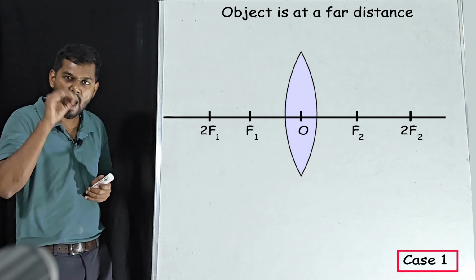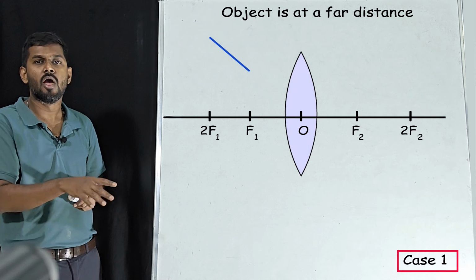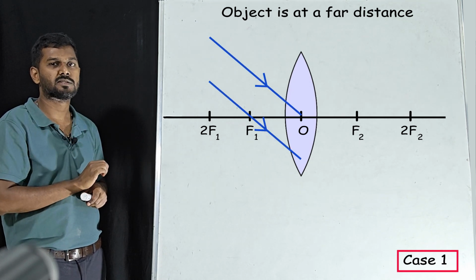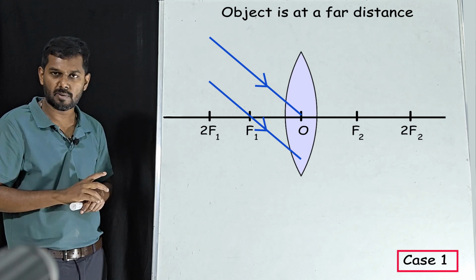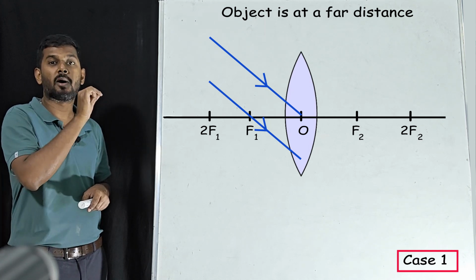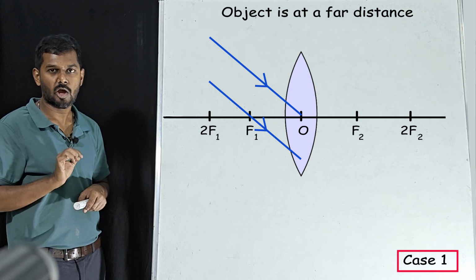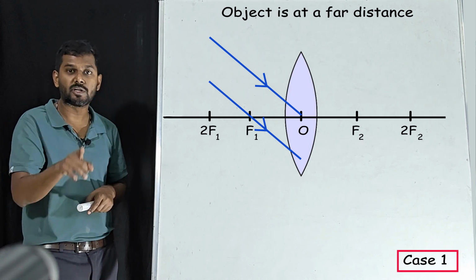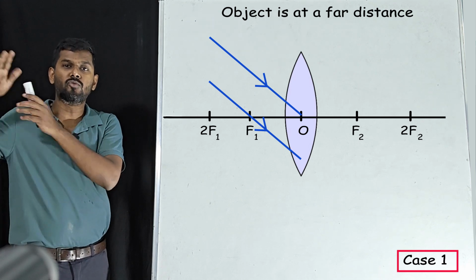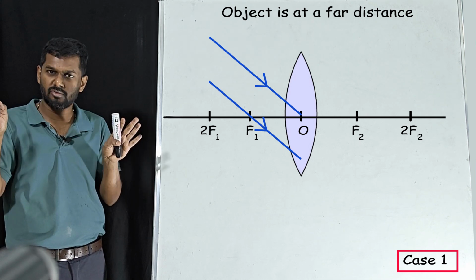Now for this case, you have to take these two rays only. Two rays which are not parallel to the principal axis, but one ray is passing through the optic center. So these two rays you should take only when they specify the object is too far, not at infinity.